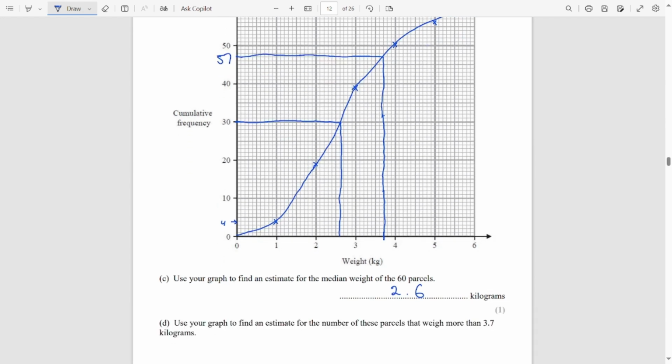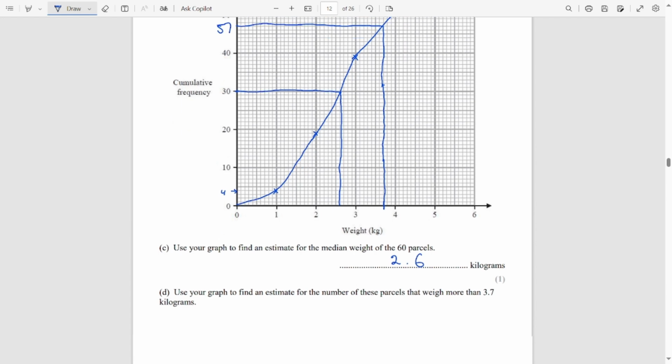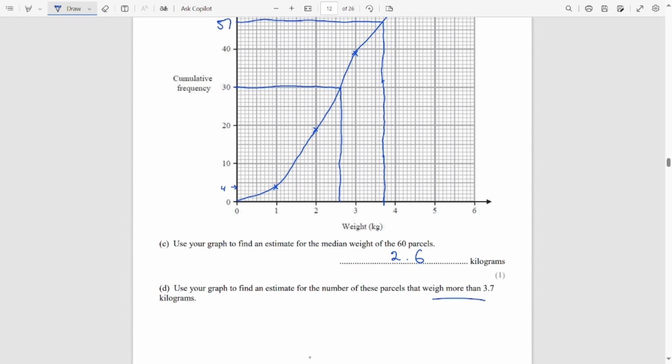Now, it might be tempting to say that 57 is the answer. 57 is not the answer because we want the number of parcels that weigh more than 3.7 kilograms. And actually, 57 is the number of parcels that were 3.5 or less, because that was what the cumulative frequency was doing. It was adding up everything that weighed less. So to find out how many parcels weigh more than 3.7, I'm going to take the full 60 parcels.